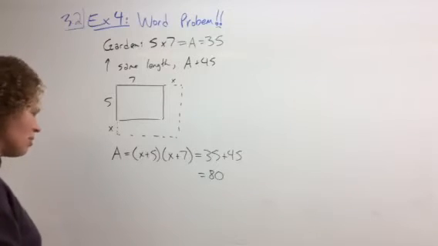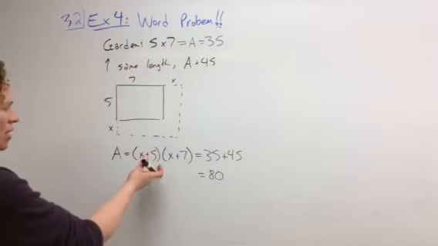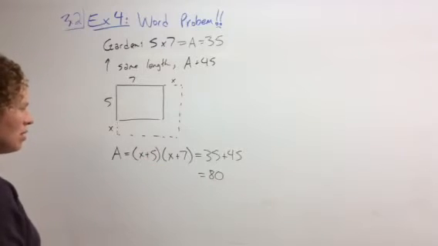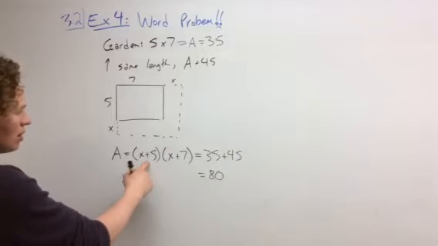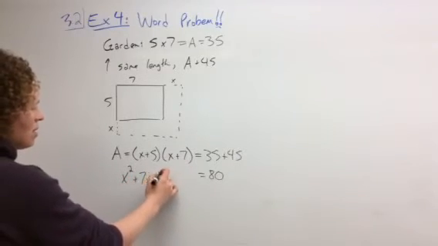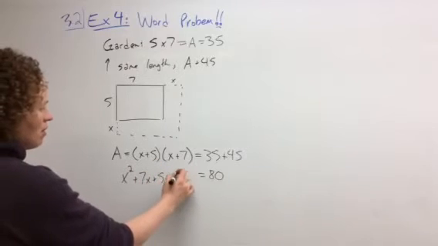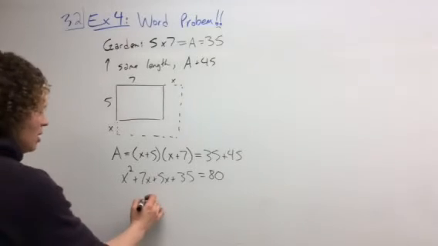Now, the problem that we've got is we can't combine these numbers. We're going to have to actually FOIL this out. So I'm going to go x times x is x squared. I'm going to go 7 times x is 7x, 5x, and 5 times 7 is 35. Now I collect my like terms.